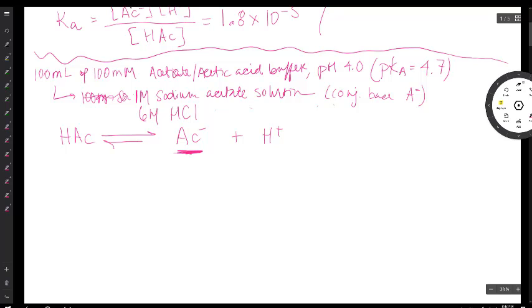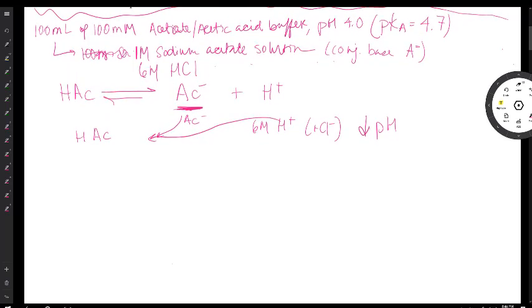What happens is if we add 6 molar H plus and then Cl minus, the H plus is going to react with the AC minus to form more acetic acid. And so by adding HCl to the solution, we will increase the population of the acetic acid, decrease the relative population of the acetate and the H plus, and therefore drop the pH. All right, but I'm getting a little bit ahead of myself here.